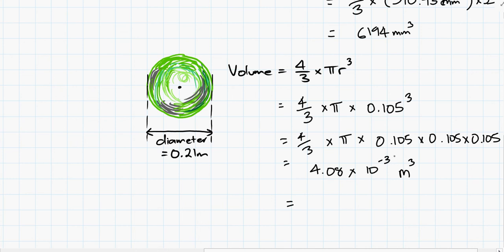The power is to the power of negative 3. So I could take my decimal point back 1, 2, 3 spots. So if I wrote that in normal form, I would get 0.00408 cubic meters.